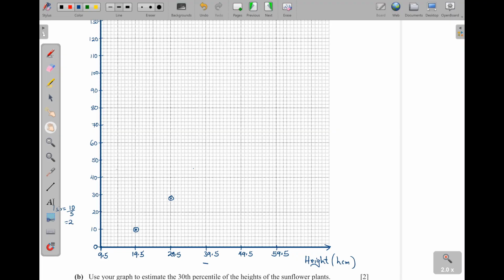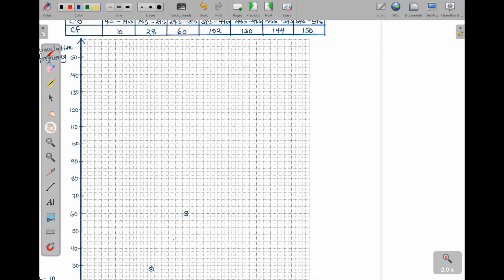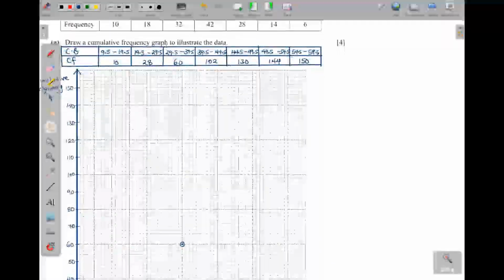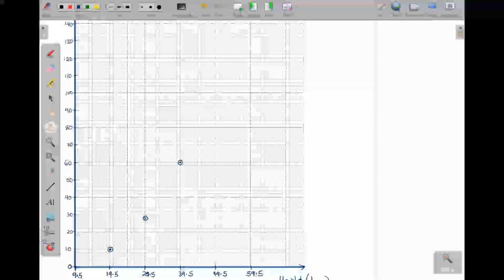Then the next one, we are having 39.5 and 60, which is here. Then the next one is going to be 44.5 with 102.